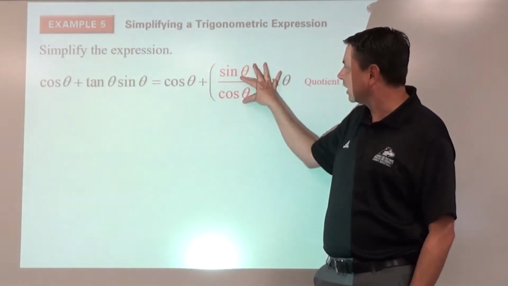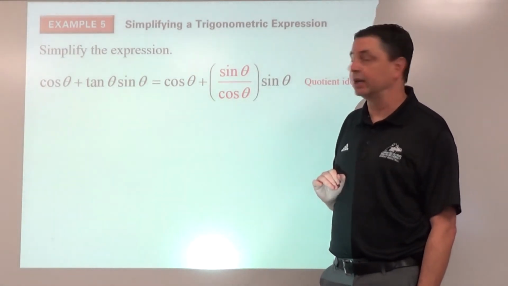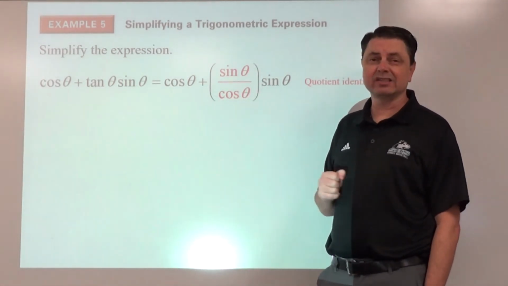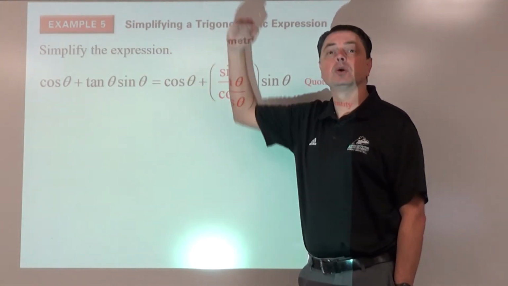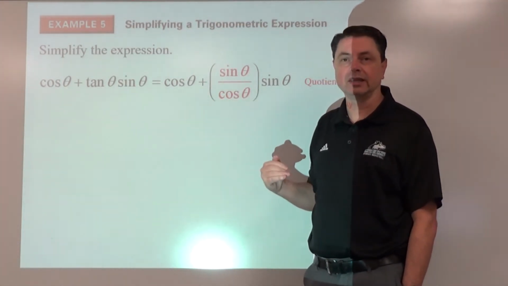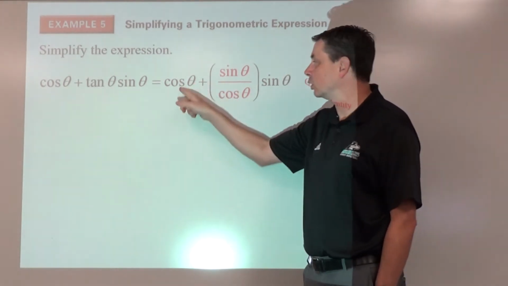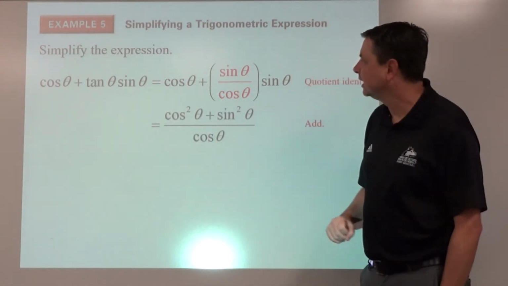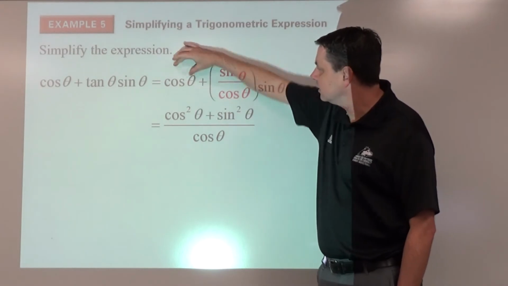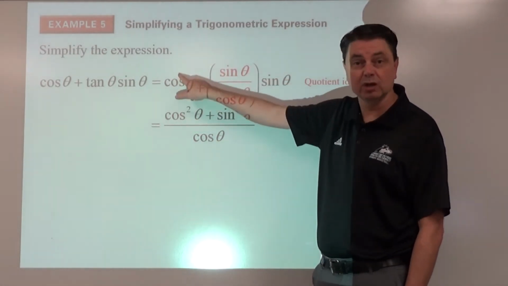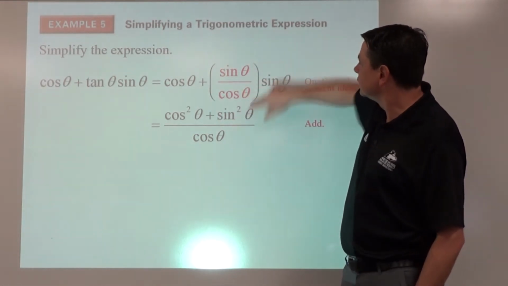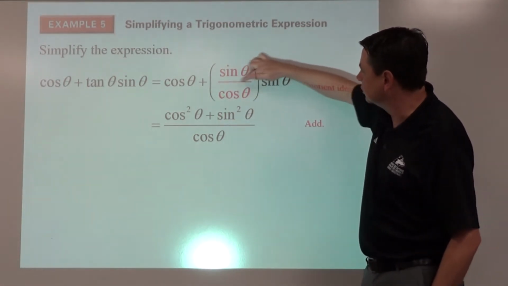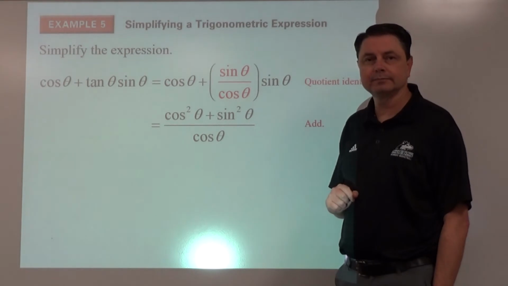And we're going to add, well, we got a fraction, so we're going to need common denominators. Cosine theta is going to be the common denominator, so we're going to need to change this expression so it's something over cosine theta. So multiply top and bottom by cosine theta. And when we do that, we can add the cosine squared theta, because we're going to multiply top and bottom by cosine theta, plus the sine squared theta, multiplying these two, all over the common denominator.